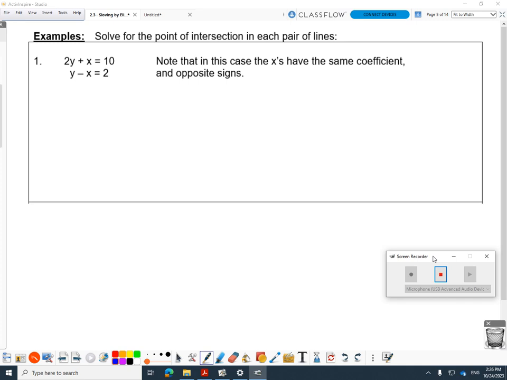No. Are the x's the same number but the opposite sign? Yes. This is a very nice elimination question. You will see one like this on the test, a nice, easy elimination question. In fact, this is a fairly difficult substitution question; we just did one like it. Here we just add 2y plus y.